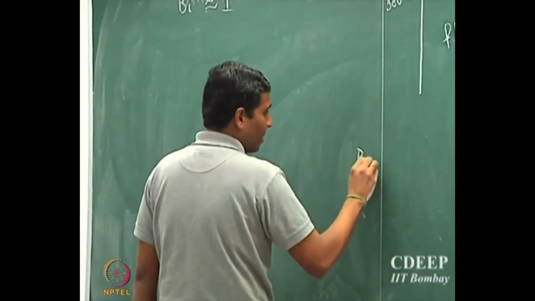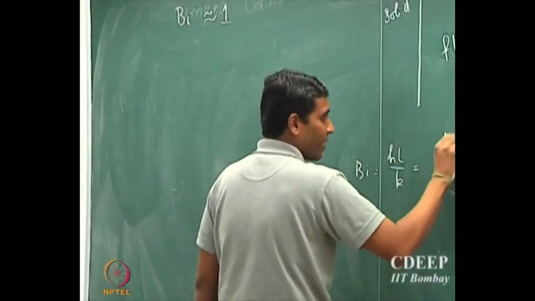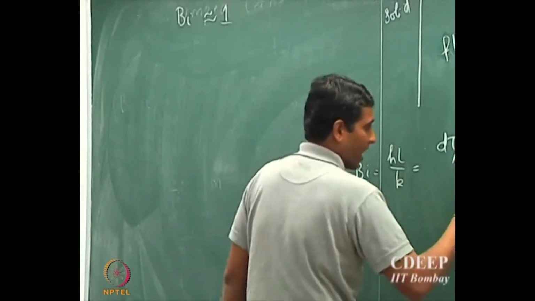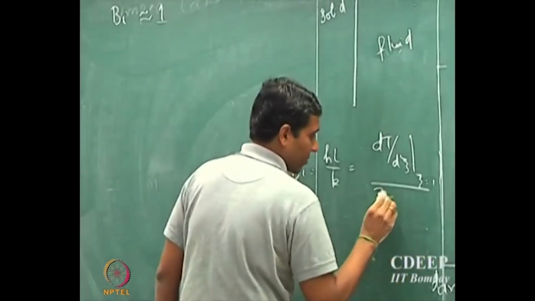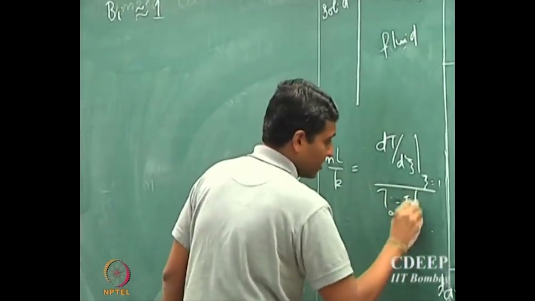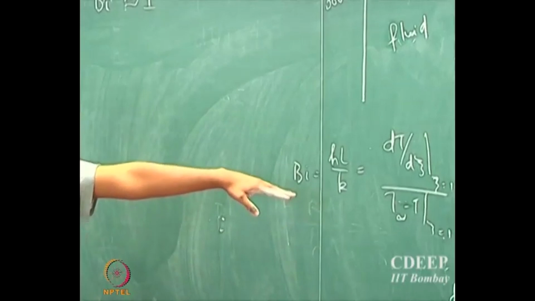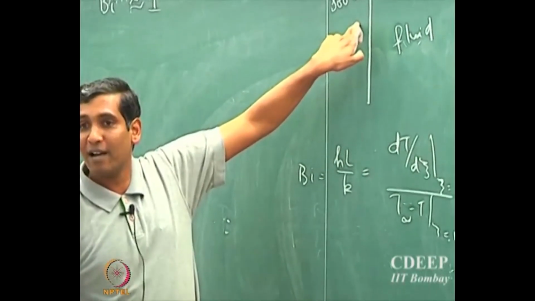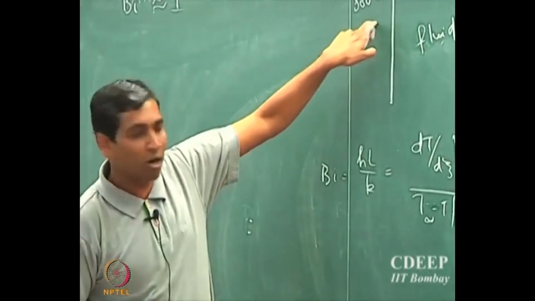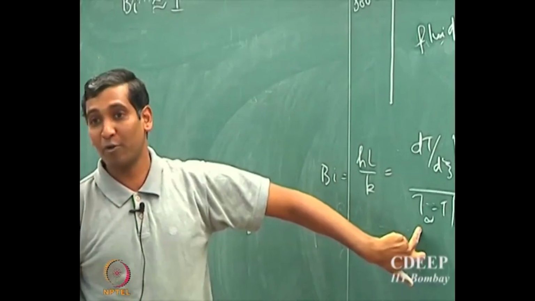we said that Biot number is hL by k, which is dT by dz at z equal to 1 divided by T infinity minus T at z equal to 1. So this essentially signifies the ratio of the temperature gradient at the boundary in the solid and the temperature gradient for convection outside the boundary.